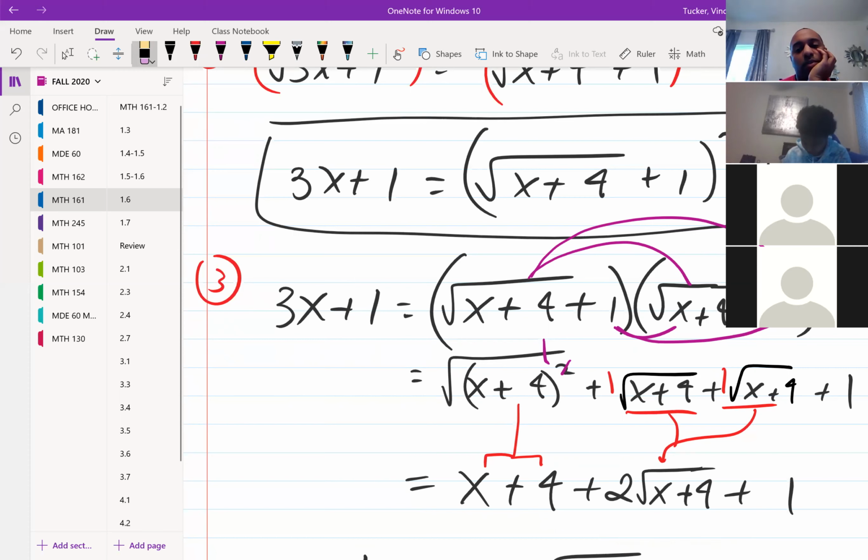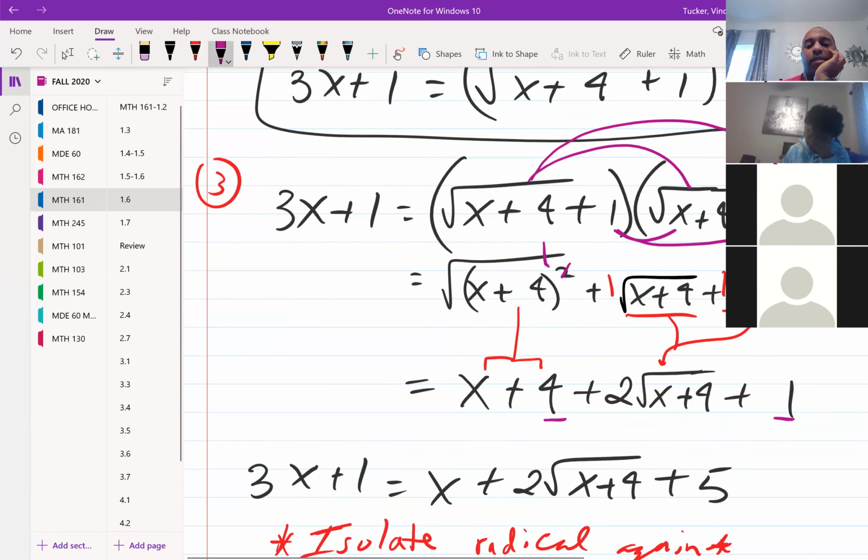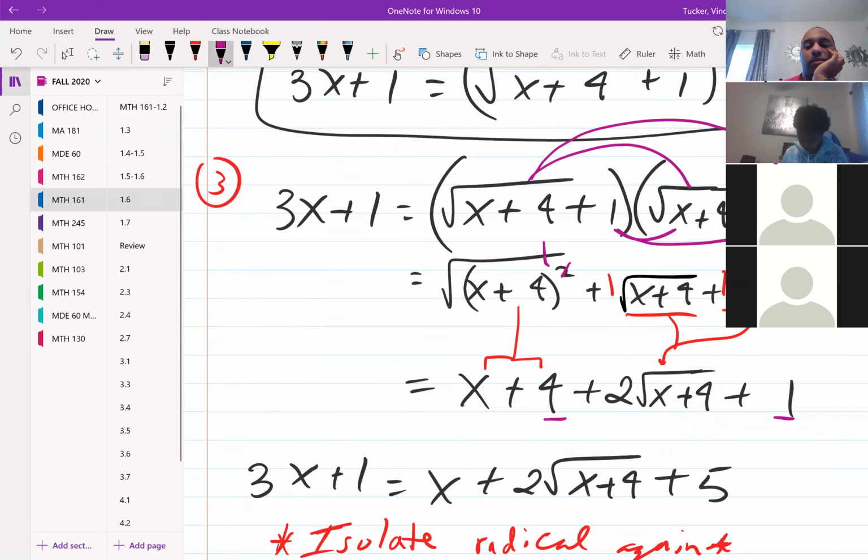All right, make sure we're okay with that. And then I can add the 4 and the 1 and make that a 5. So that's how we got the 5 back here. So all of that simplified would be x plus 2 square root of x plus 4 plus 5.